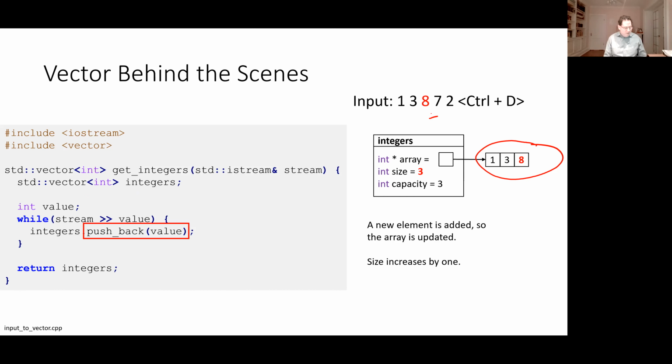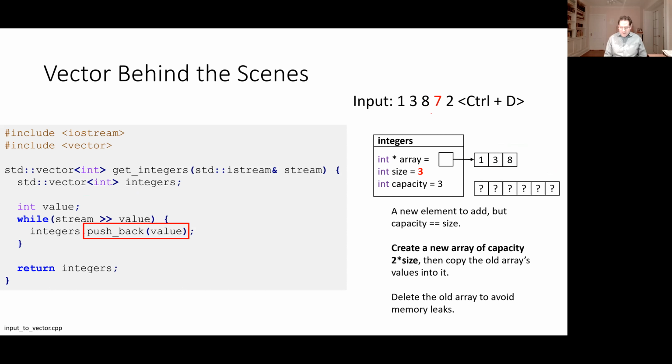This all happens. So yeah, Suleiman is saying make capacity 6. And it's up to the creator of the standard library to decide how much to increase the capacity. But the common thing that will be done, this is what most implementations of the standard library do, is they double it. So you had room for 3 things. The pushback call will allocate a new array with space for 6 things.